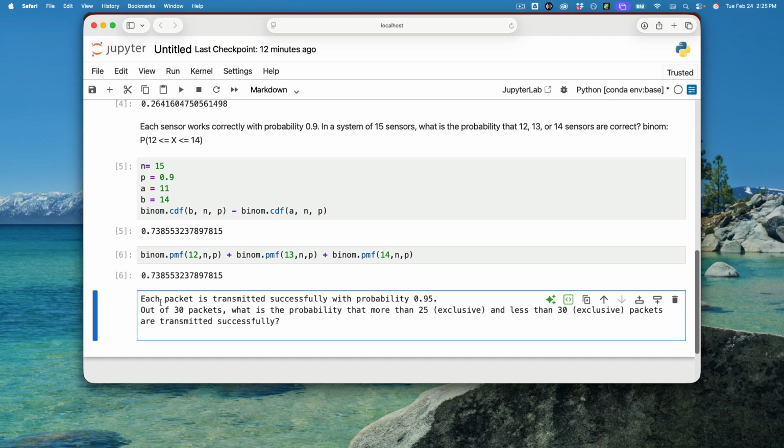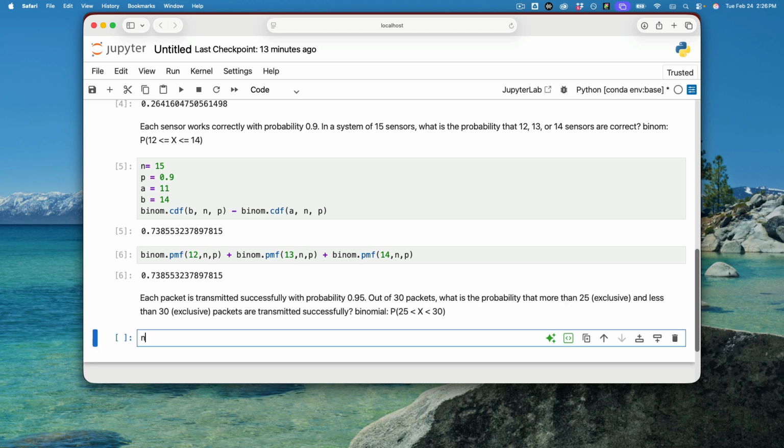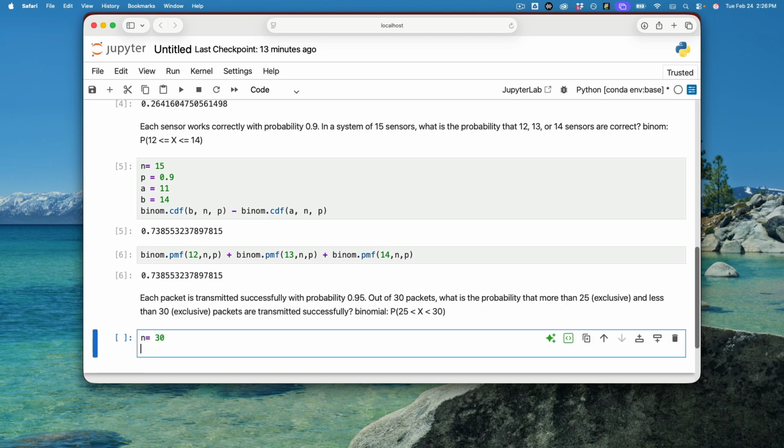So again, this is binomial. I have 30 trials, 30 packets. I have a success rate of 95%. And then what's the probability that X is between 25 and 30 exclusive? So this is binomial, and N is 30, p is 0.95.